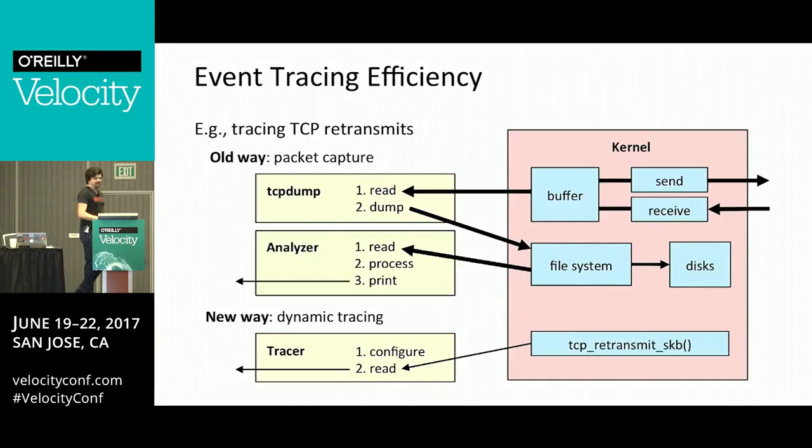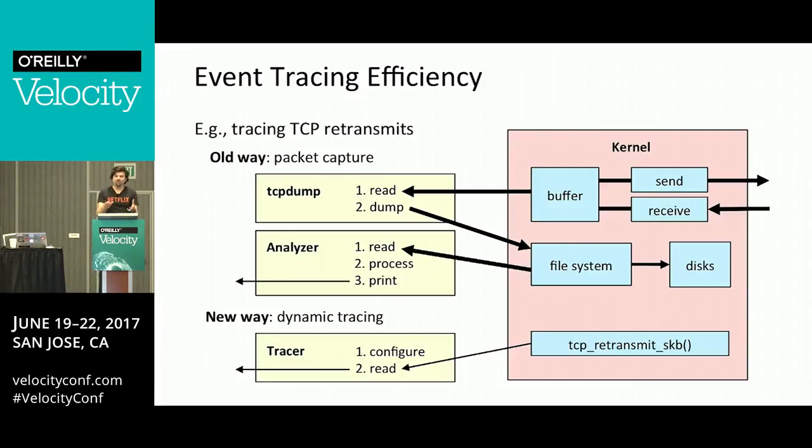And just to make clear how different this can be for non-BPF, non-tracing type tools, if I wanted to look at TCP retransmits, the old way may be to use tcpdump, tracing the send-receive path.